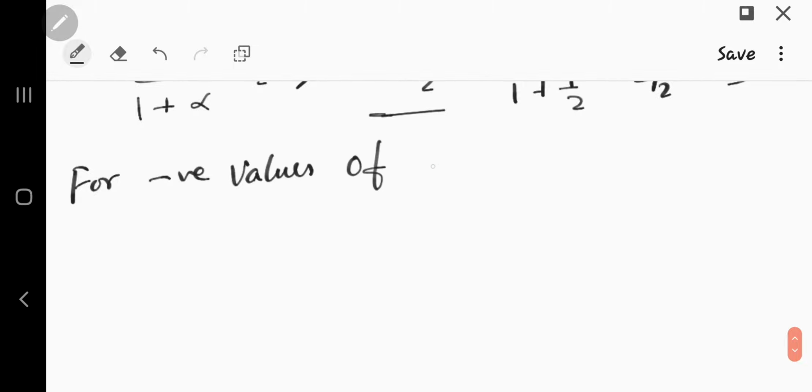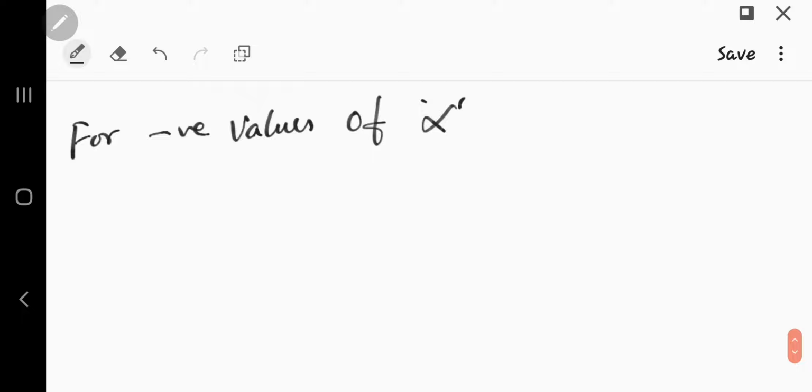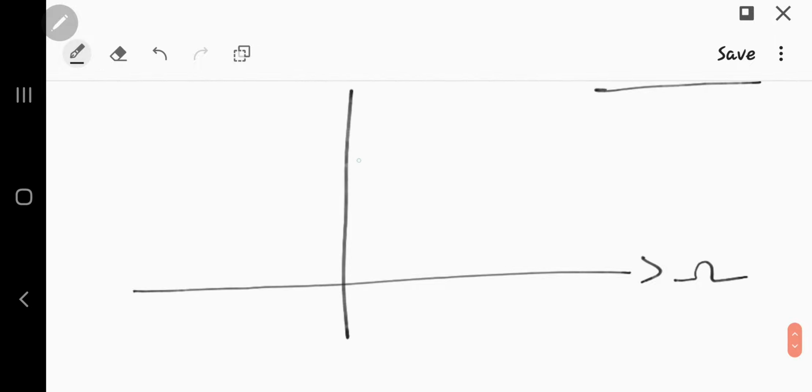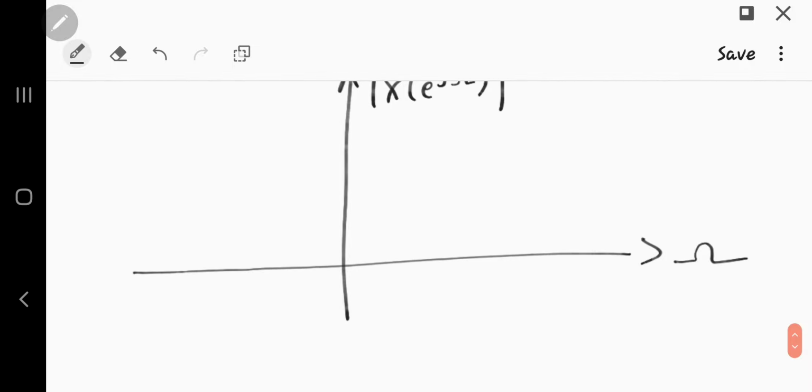Now for the same sequence, if you take a negative value of alpha, that means the value of alpha will be between 0 and minus 1, how will the plot be? X of e power j omega. Now I mention this point pi and 2 pi here.